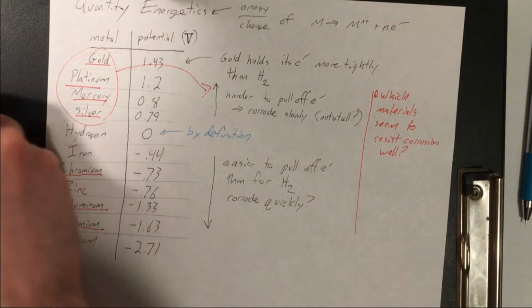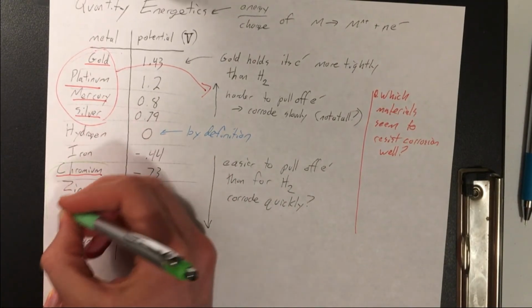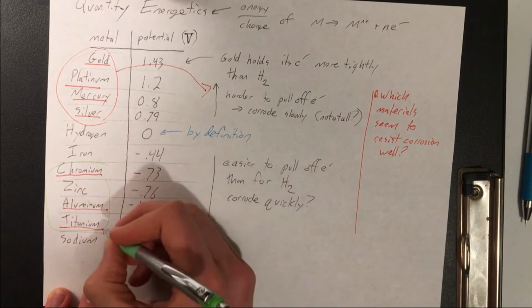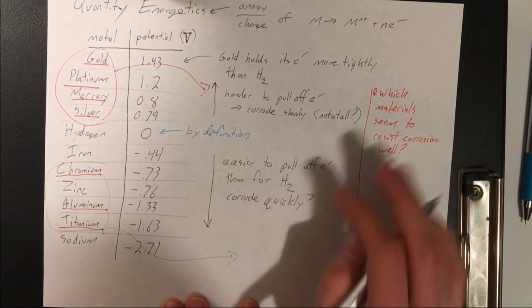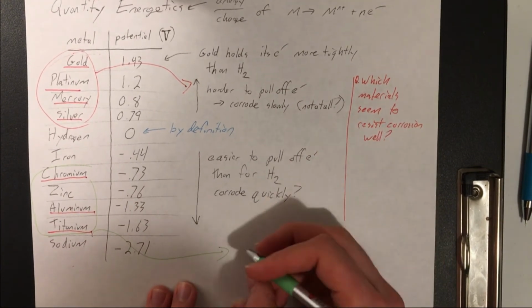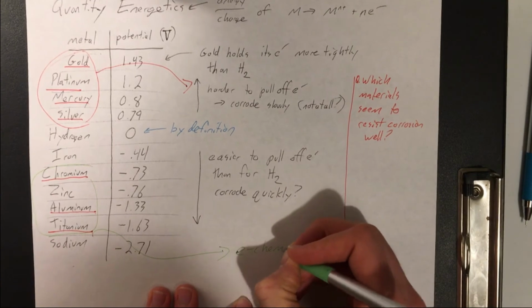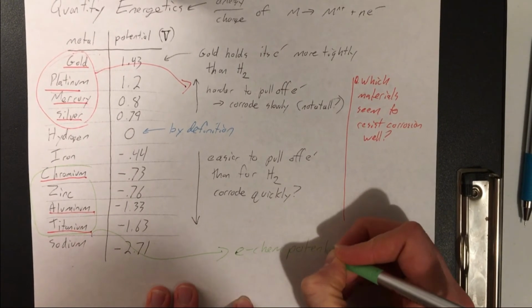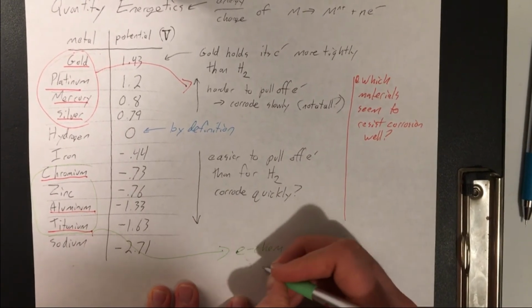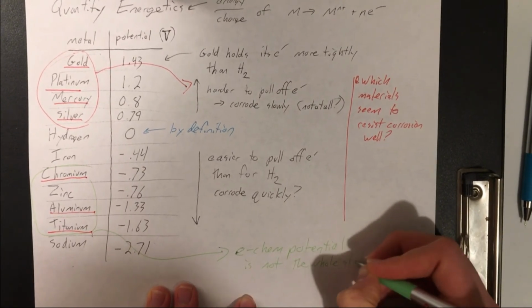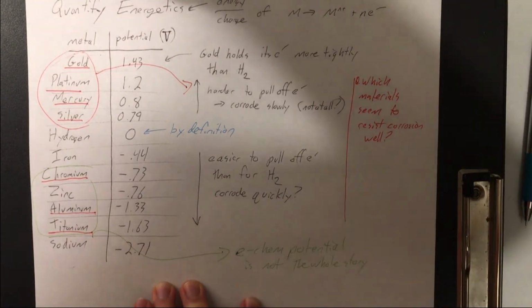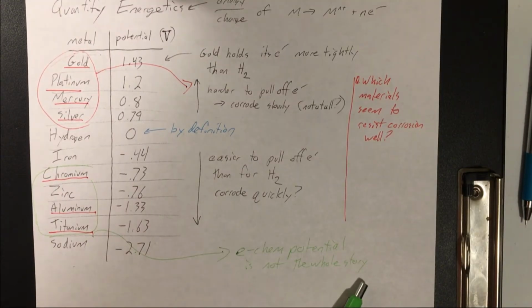But these other guys down here, the electrochemical potential is not the whole story. So if electrochemical potential is not the whole story, what is the whole story? Well, stay tuned for part 2.